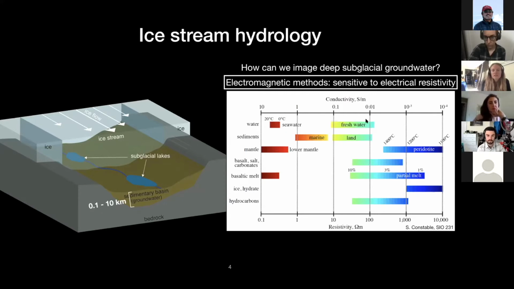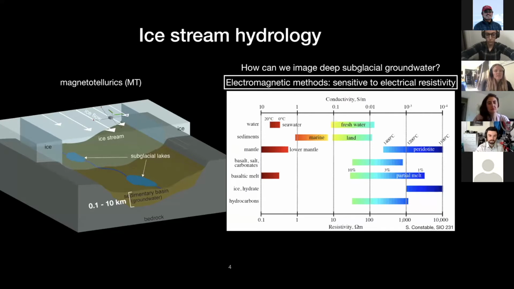So this is really good from a sensitivity standpoint. And particularly for water, we're spanning about 3 orders of magnitude. And this varies as a function of ion concentrations. So salty water is going to be more conductive and fresher water will be more resistive. So this is something we should be able to sense.